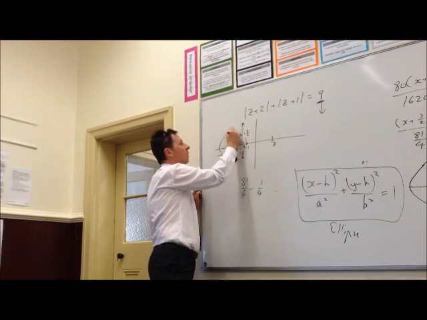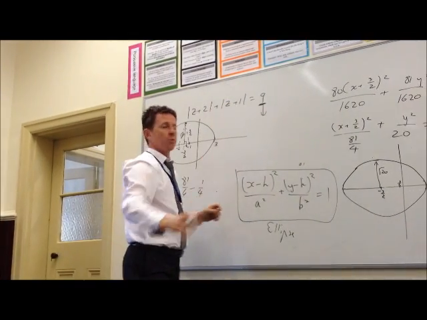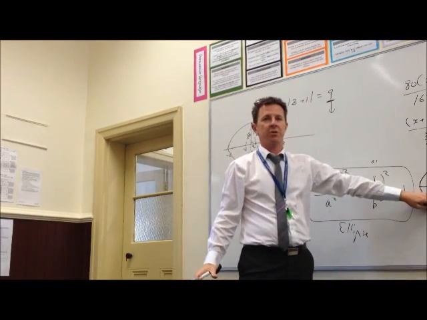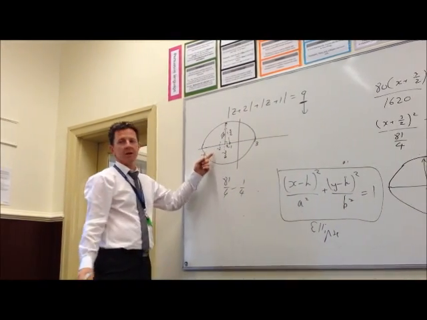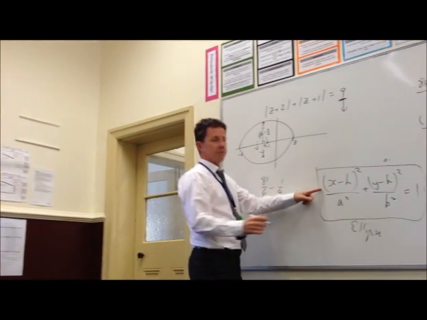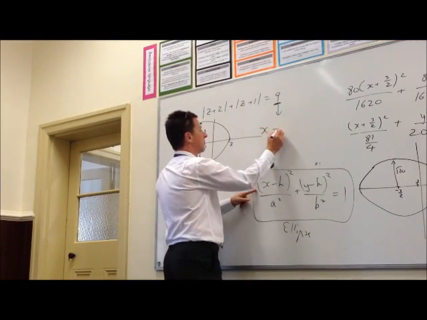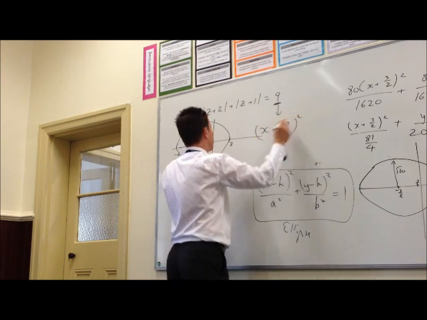So you've now bypassed all those 3 boards of work and come back to the same picture. And then from here, you write your equation. It's in that form. X, what was the centre? 3 on 2.